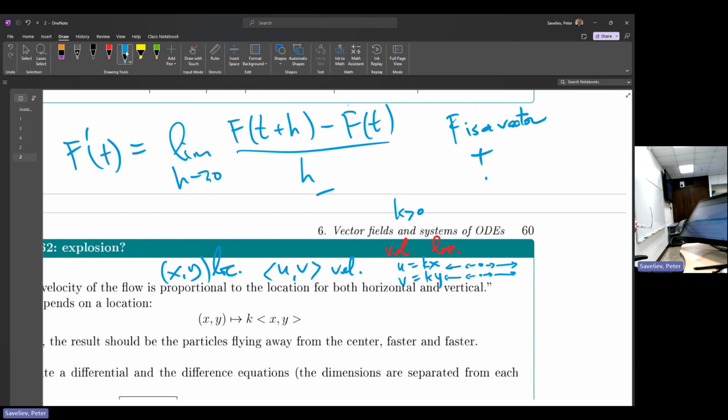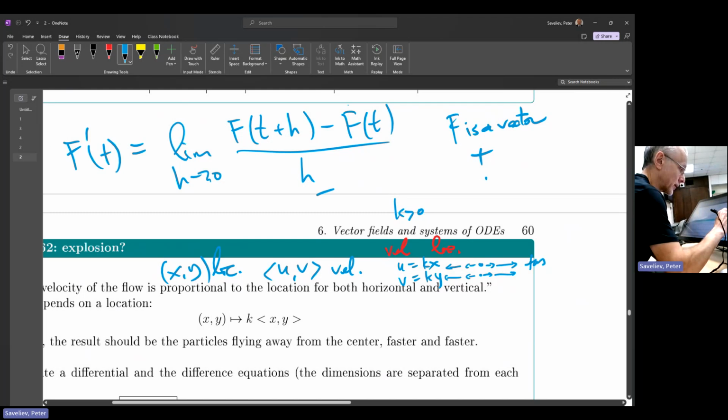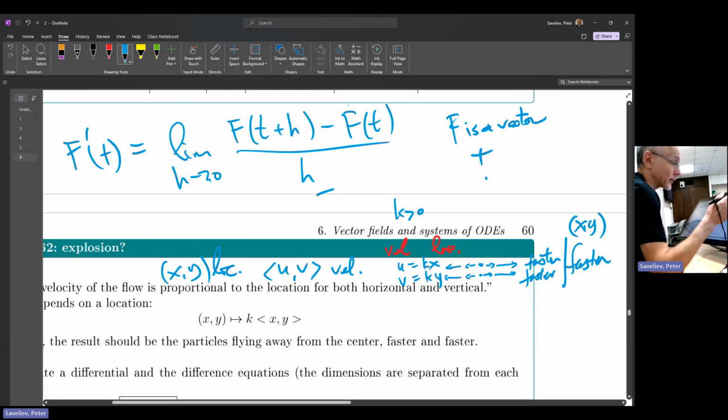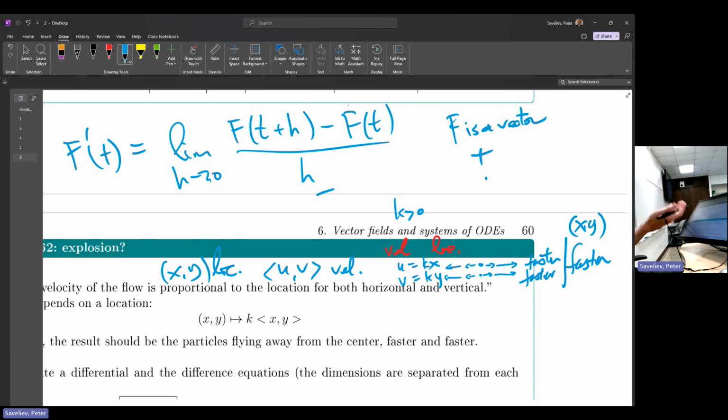Which way are you moving? Faster, yes. You can still say faster on the xy plane, but that's not enough. It's unclear what the direction is.